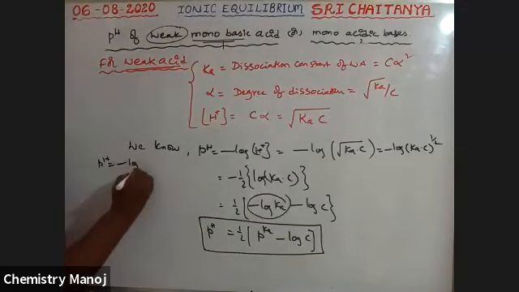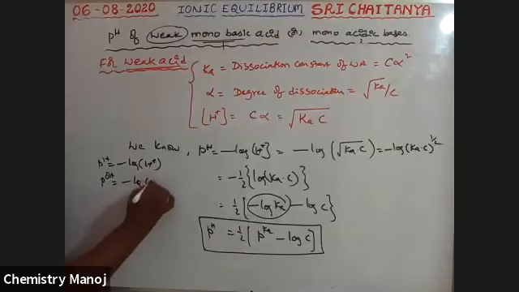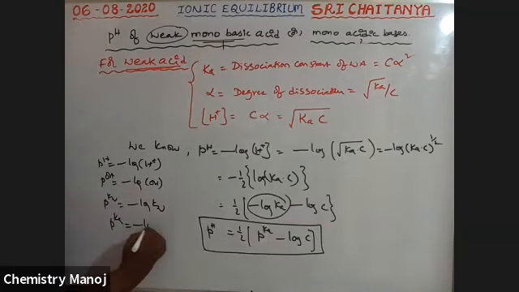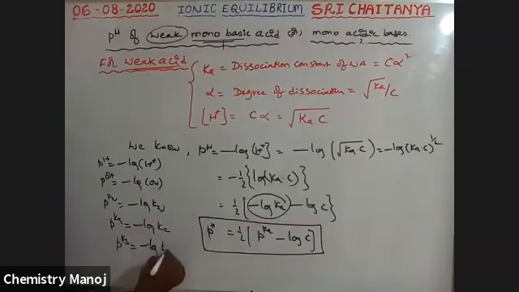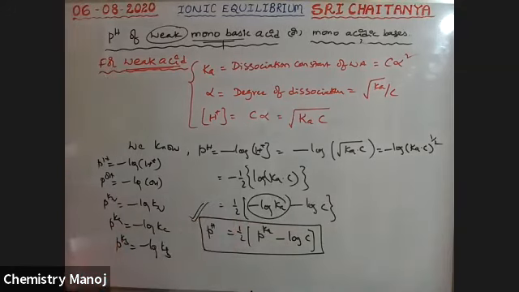What is pH? That is minus log H plus concentration. What is pOH? That is minus log OH minus concentration. What is pKw? Minus log Kw. What is pKa? Minus log Ka. And pKb is minus log Kb. So minus log Ka is equal to pKa. It is the formula used to calculate the pH of weak acids.